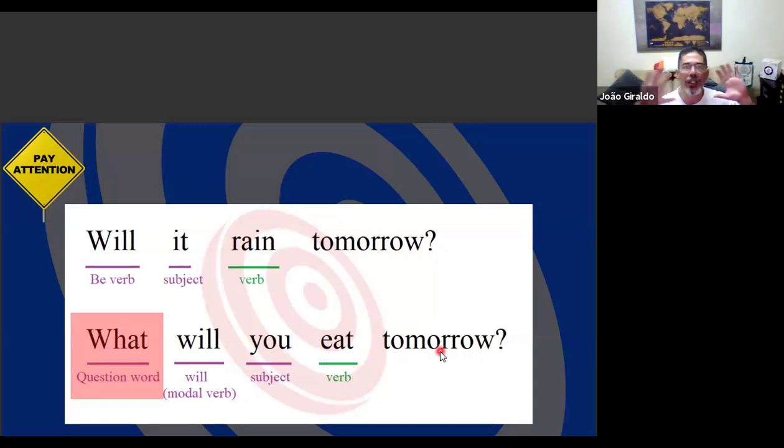Okay, guys, just to remember that every time you have a WH question, for locations, where; for reasons or motive, why; for the condition or manner, how; every time you have the WH word, the question word, it is going to start your sentence.